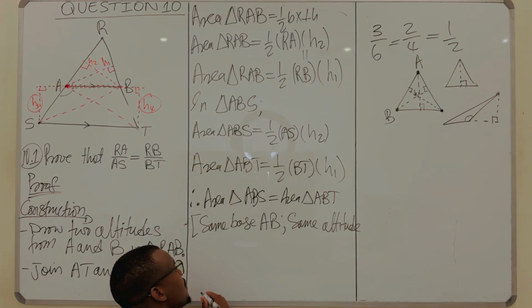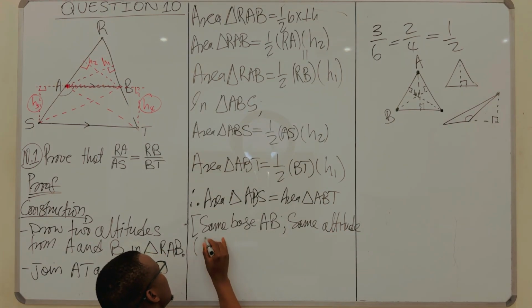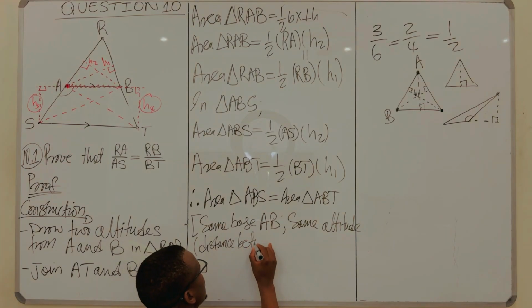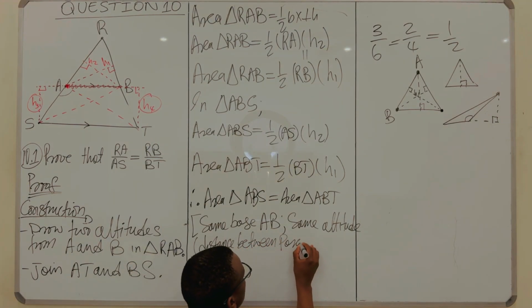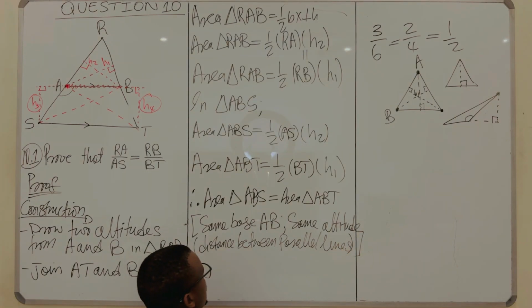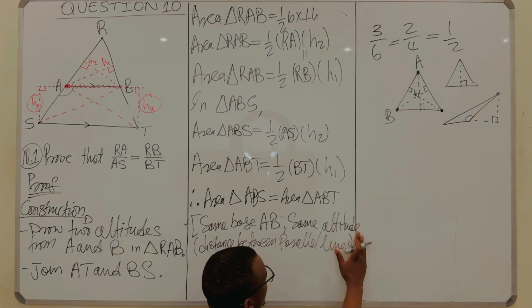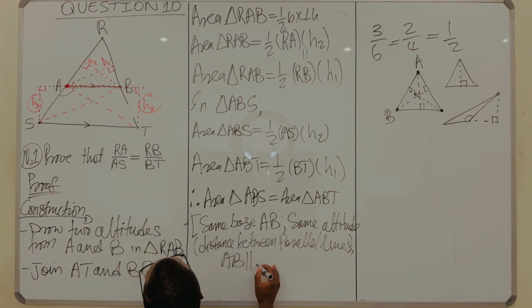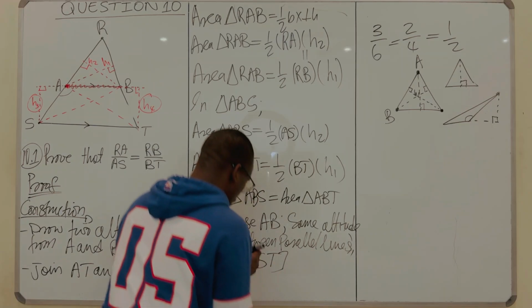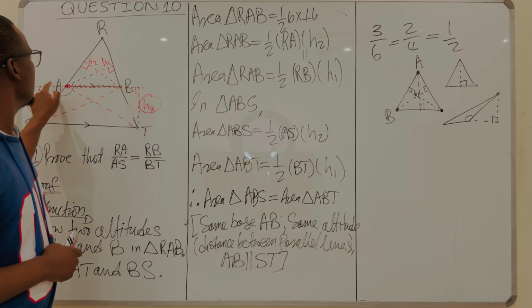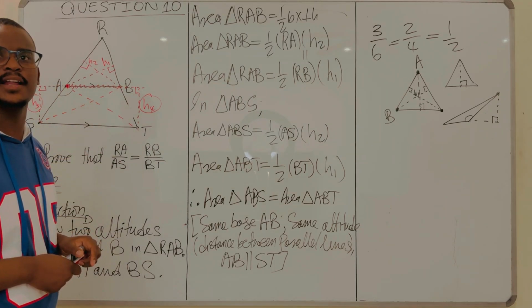Yes, same altitude, which is the perpendicular distance between your parallel lines, because you know that your AB is parallel to ST. So this area and this area are equal because these two triangles have the same base and equal perpendicular heights between two parallel lines.